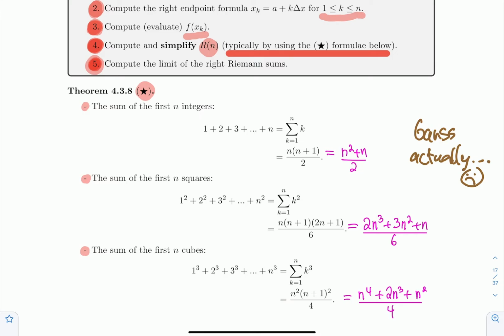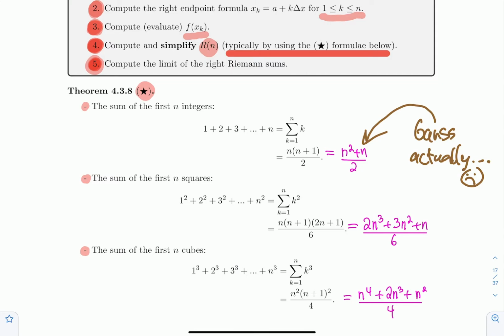If you go 10 to the power 4 plus 2 times 10 to the power 3 plus 10 to the power 2, divided by 4, this will give you that summation very quickly. It does not matter how big n is, these are explicit formulas that give you these large sums. It does not matter if n is 5, 1,000, or 1,000,000,000, it's the same formula.